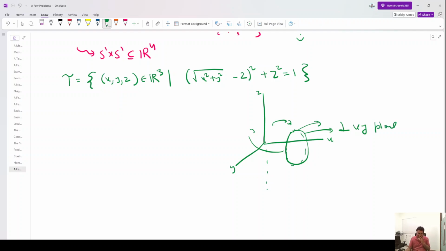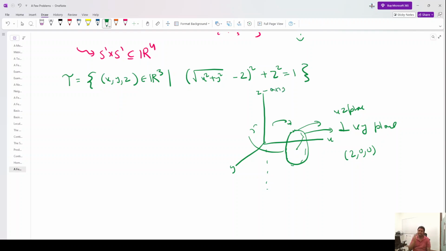It's a unit circle in the XZ plane, its center is something like (2, 0, 0), and you are just revolving it around the Z axis.